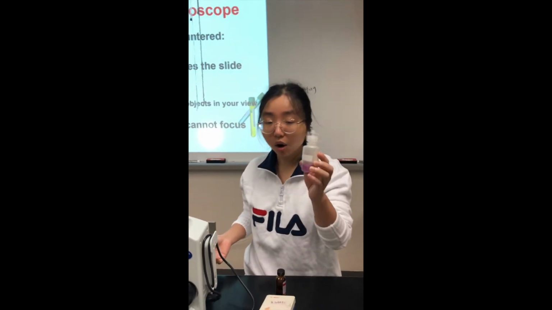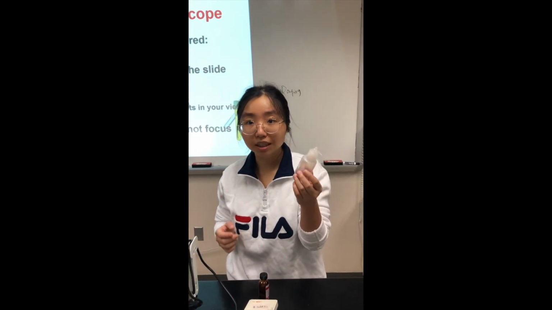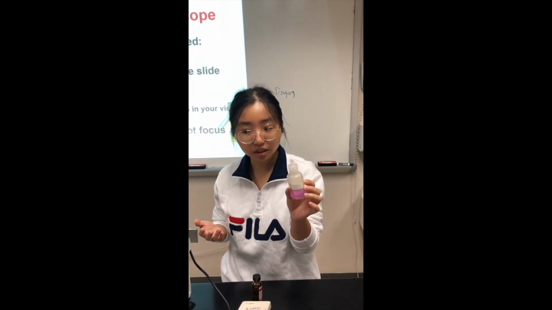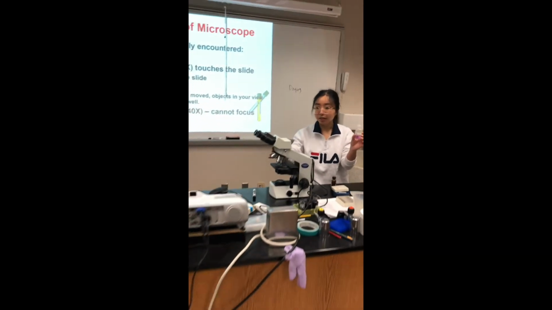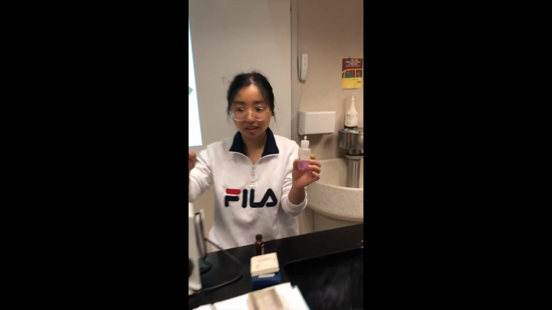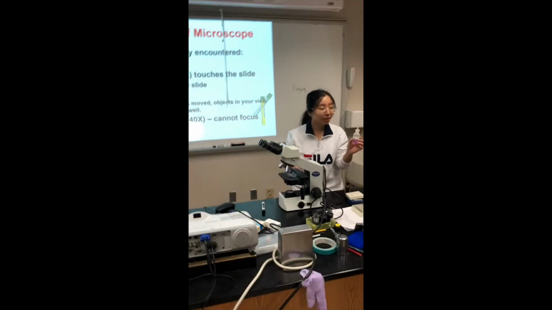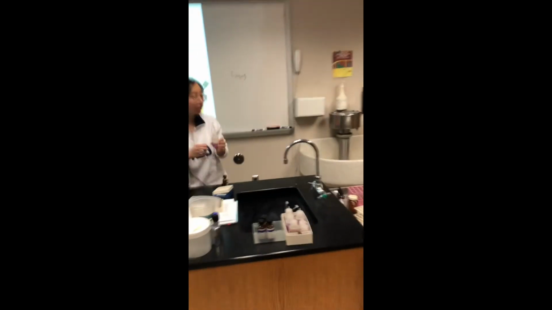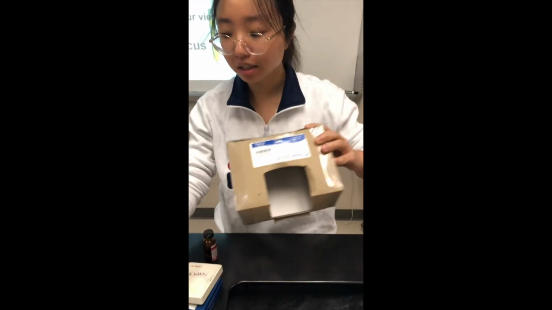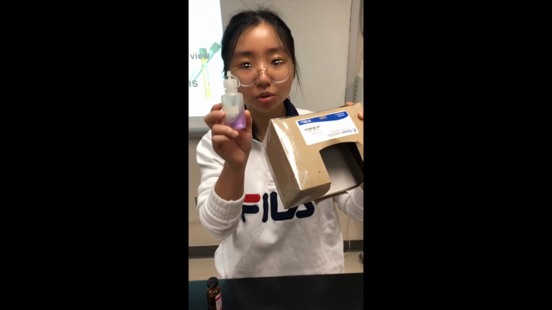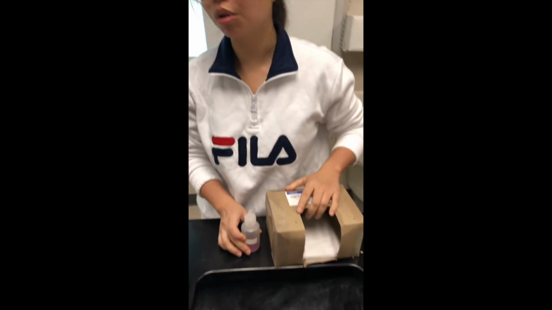When you finish using the microscope, you want to find the lens cleaner. This is our lens cleaner to clean our 100 times objective lens, and this is not the lens paper. We also have our lens paper. So something like this: lens cleaning solution and the lens paper to clean your microscope.